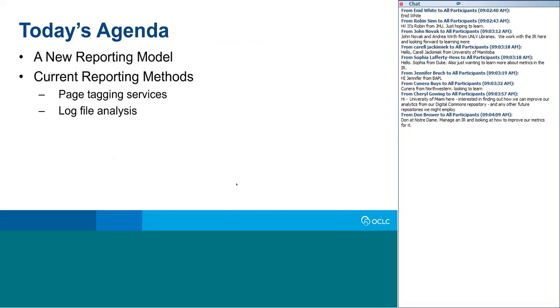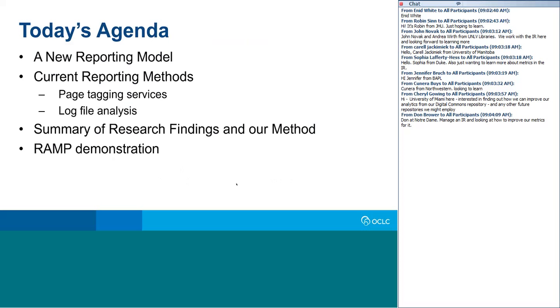Both of them have their own problems. Then we'll talk about a summary of our research findings and the method that we developed, and from that method, the web service RAMP sprang up, and Jeff is going to give you a demonstration of RAMP, and then he'll hand it back to me and we'll talk a little bit about the big picture potential, what we can do with the data that we're collecting through RAMP.